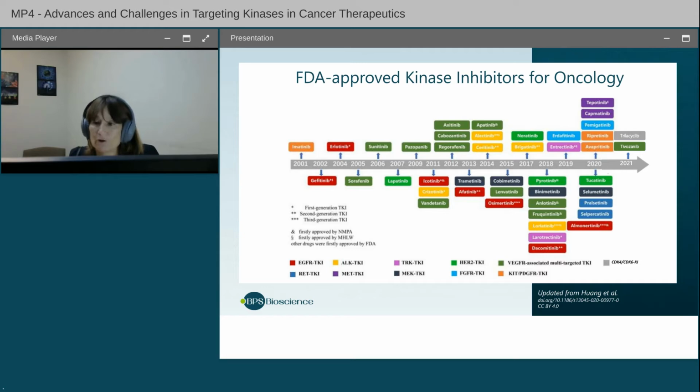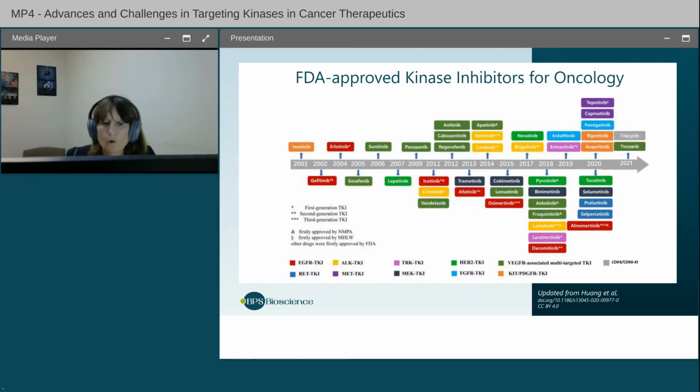So you're seeing the number of small molecules that have been approved increase over time. And to the right, I also added the 2021 approval for tivozanib and trilaciclib, even though CDKs are not tyrosine kinases, but I wanted to showcase this because they are the first CDK inhibitor approvals.